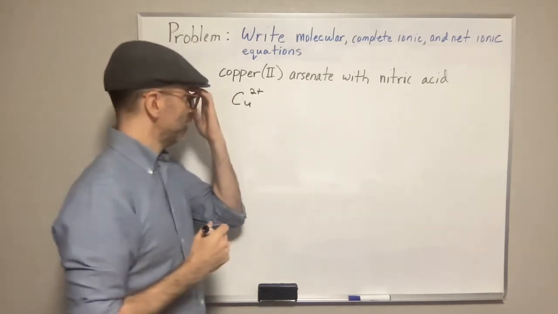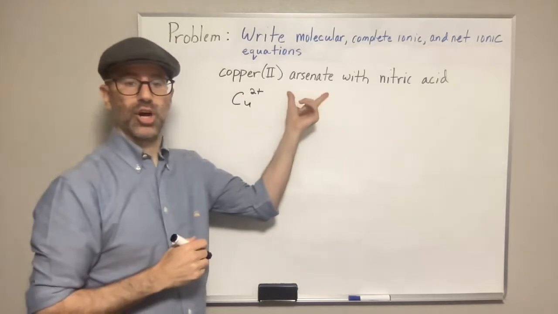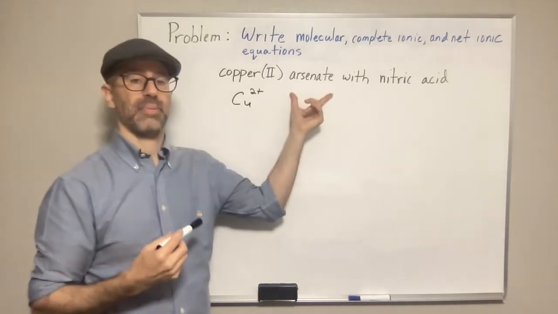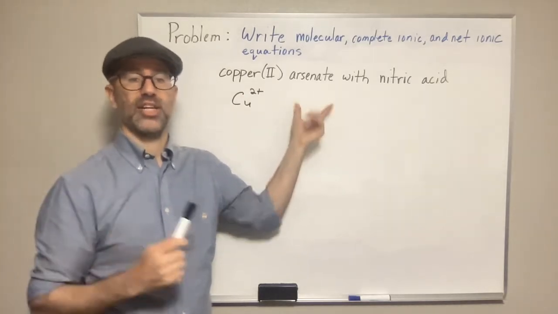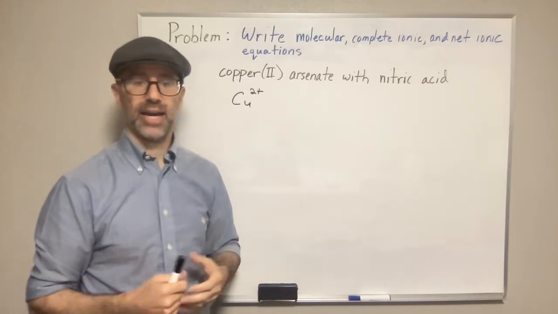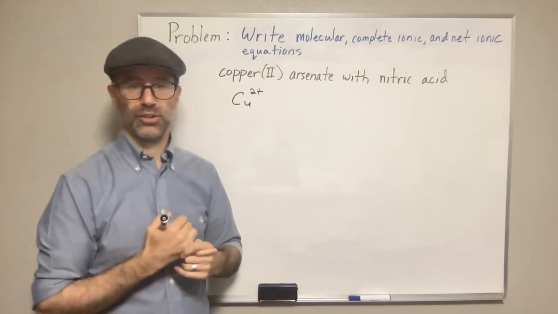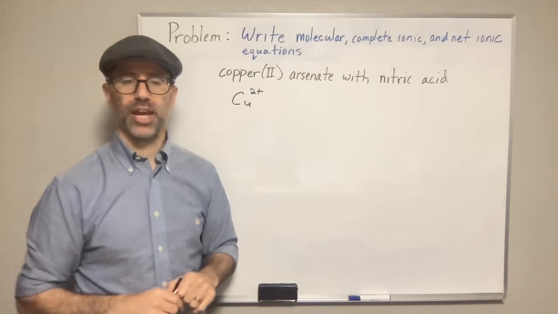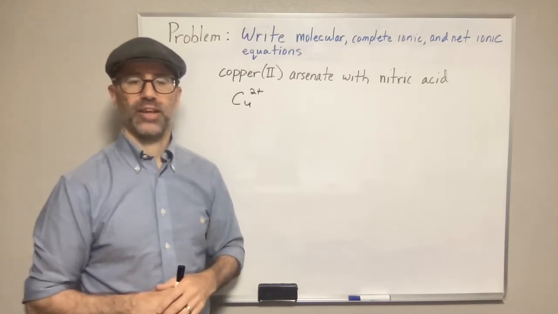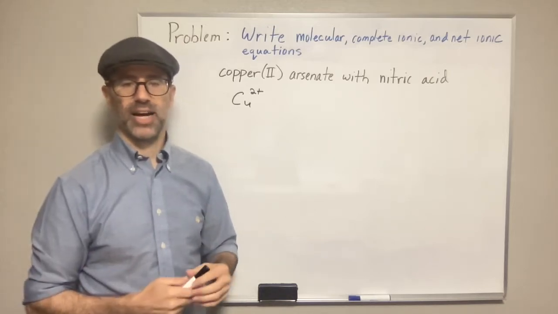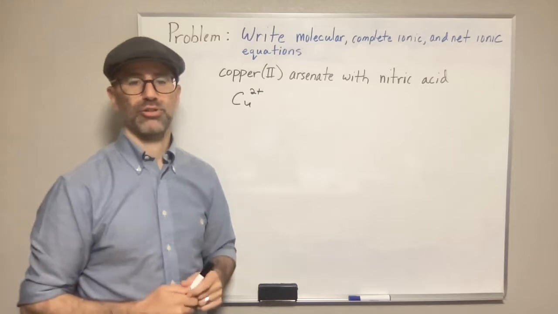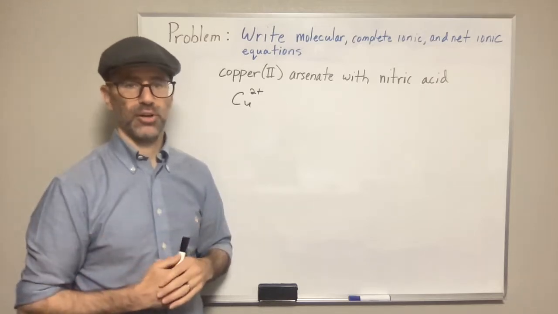And the next thing is the arsenate ion. So again, this is a polyatomic ion. So you're going to need to know the names of your polyatomic ions. You're going to need to know the formulas and their charges. I'm sure your teacher gave you some sort of handout with a table of the common polyatomic ions on there. You're going to need to memorize those.